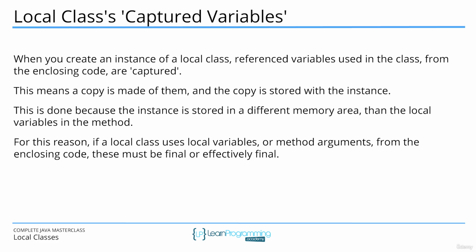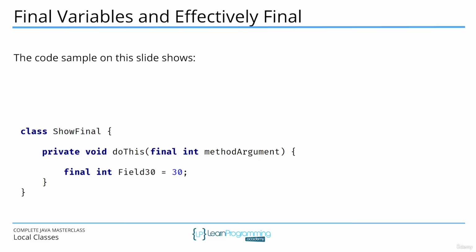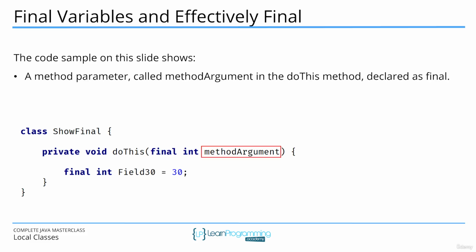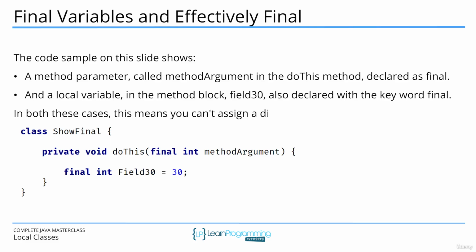final or effectively final. The code sample on this slide shows a method parameter called method argument in the doThis method declared as final, and a local variable in the method block, field30, also declared with the keyword final. In both these cases, this means you can't assign a different value once these are initialized.